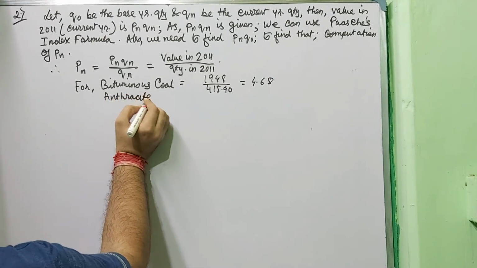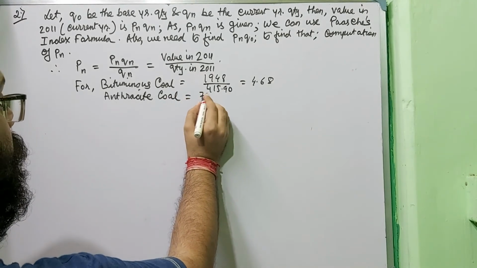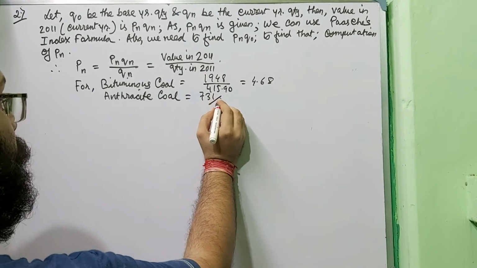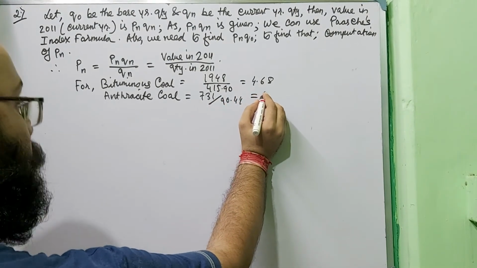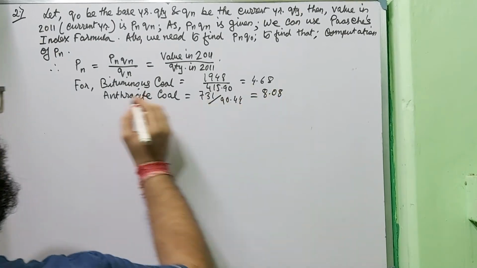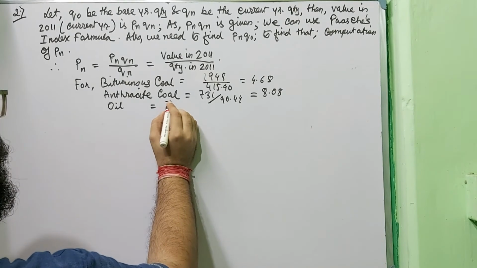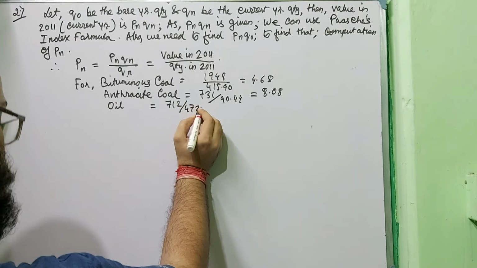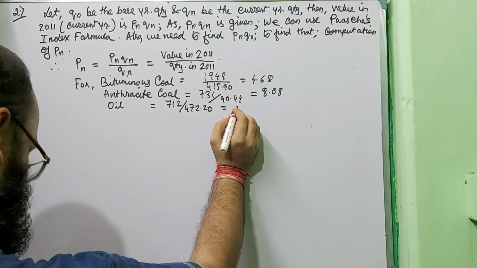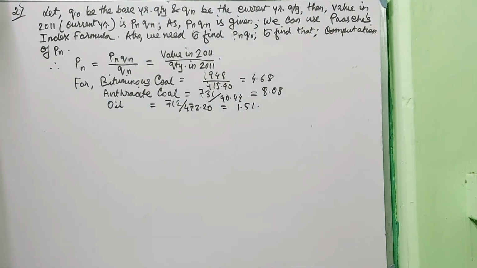Anthracite coal, 731 by 90.44, which is 8.08, and oil, 712 by 472.20, 1.51, right? We have computed the Pn in each case.